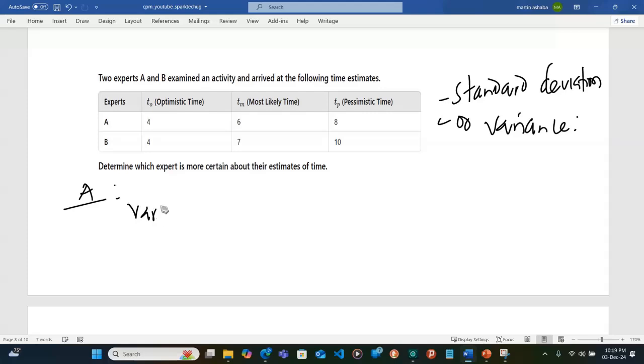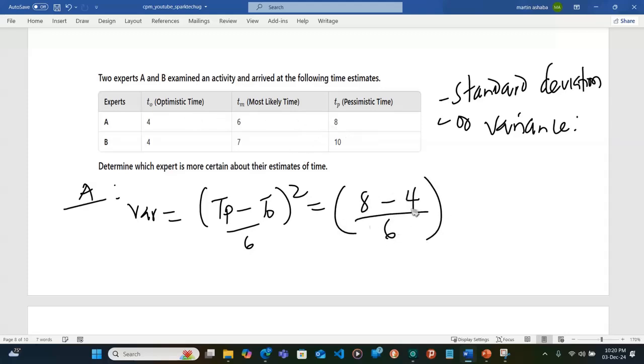So variance is equal to (TP, the pessimistic, minus TO, the optimistic, divided by 6) all squared. So we have TP for A: this is going to be (8 minus 4) divided by 6, squared.